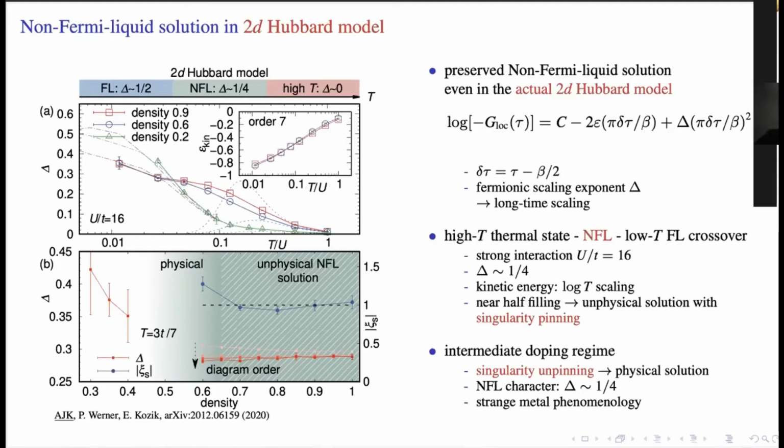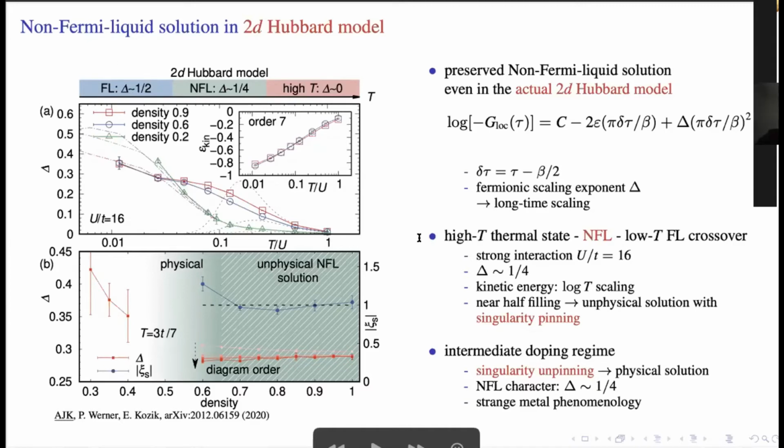And this delta captures the long-time scaling behavior of the local Green's function. The reference values for three different phases: delta equals 0 for the high-temperature thermal state, 1/4 for the SYK-like non-Fermi liquid, and 1/2 for the Fermi liquid.